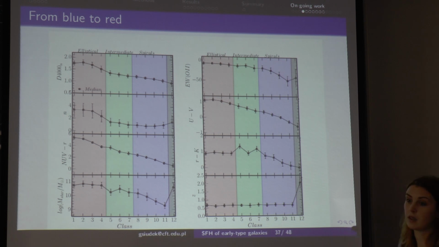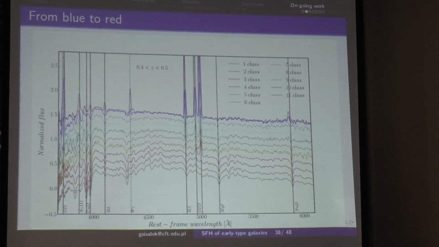So we can see that our classifier is tracking some evolution pattern in these galaxies. We can also see the differences in spectra, where blue spectra have lines in emission, and when going to the redder, older elliptical galaxies, lines are in absorption.